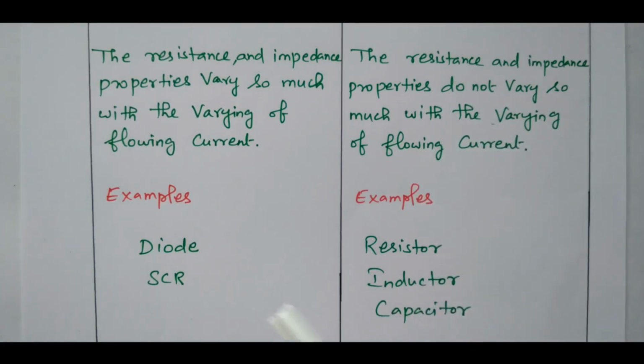Why? Because for a diode or SCR, positive voltage applied to the anode means forward bias, and negative voltage means reverse bias, so the property varies. But here it is not like that. Either positive or negative voltage, the resistor will absorb the energy and dissipate it in the form of heat. The inductor will store the energy in a magnetic field. The capacitor will store the energy in an electric field, right?